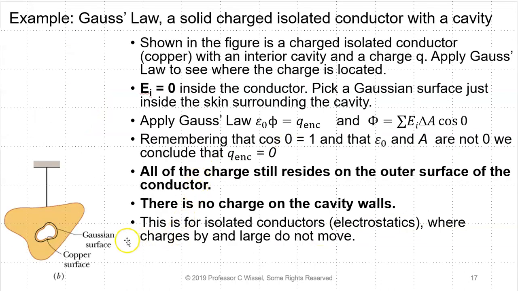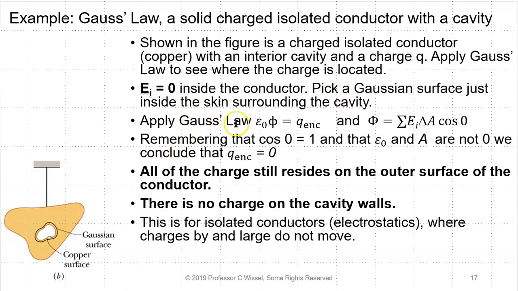Now we're going to put a cavity inside the conductor. So we have in the figure a charged isolated conductor, copper, with an interior cavity and a charge Q. We're going to apply Gauss's law to see where the charge is located. So E is 0 inside the conductor, the electric field inside a conductor is 0. We're going to pick a Gaussian surface just inside the skin surrounding the cavity.